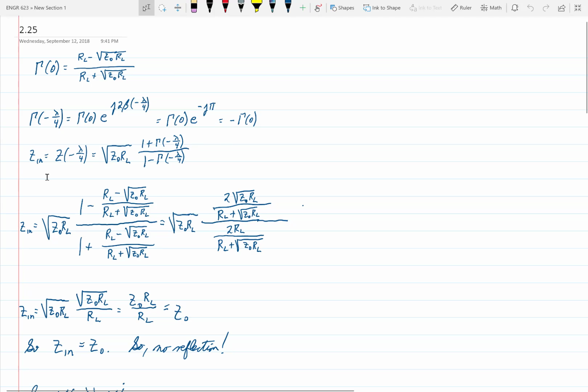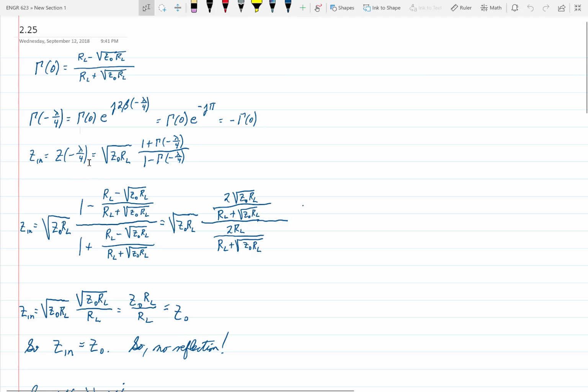Now, Zin is, again, since the length of the line is minus lambda over 4, that's Z of minus lambda over 4. And we know that the formula for calculating Z at any point along the line is the characteristic impedance, which again is square root of Z0 RL, times 1 plus gamma at that point divided by 1 minus gamma at that point.